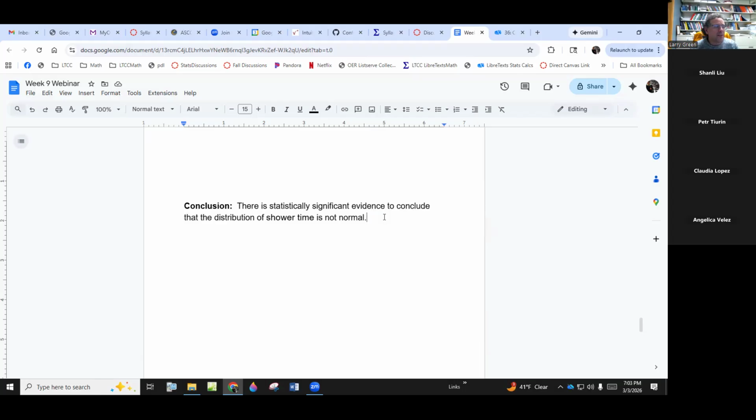Besides normal, what is the next most commonly used distribution? Do you remember? We had half a chapter on it in our class. Sometimes you want to find out if it's normal, because then you can use the calculator. But what's the other one we know how to do calculations with easily that we want to test?